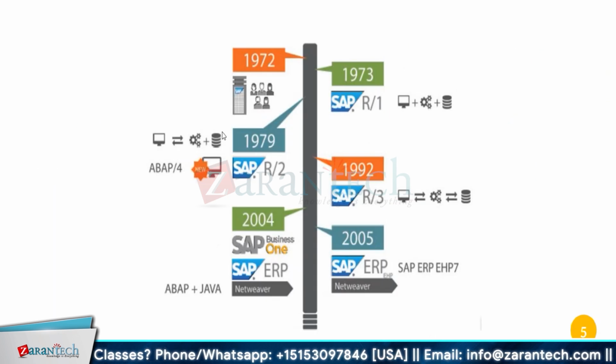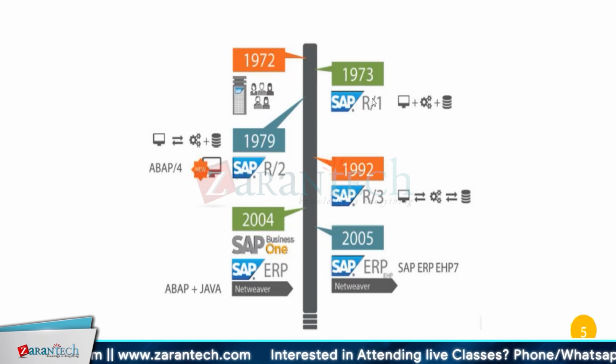So basically, the SAP company itself started from 1972. There were folks from IBM who started this, and from 1972, the entire journey of SAP started, you can say. There were 5 former IBM engineers, and the company was formed in Germany.